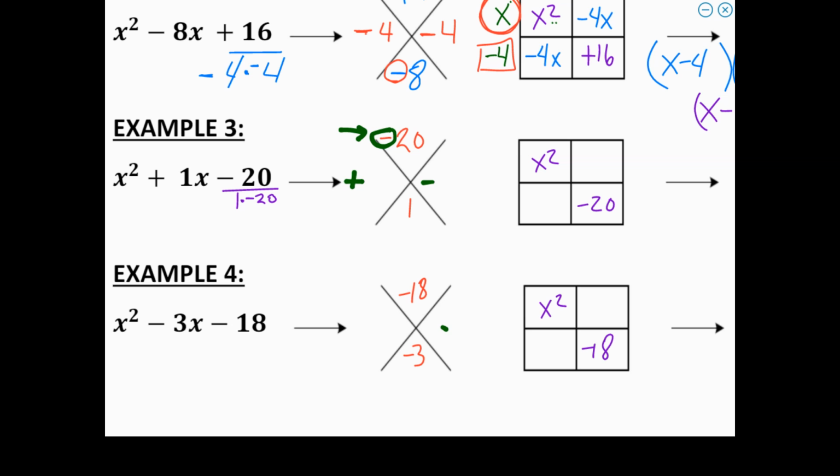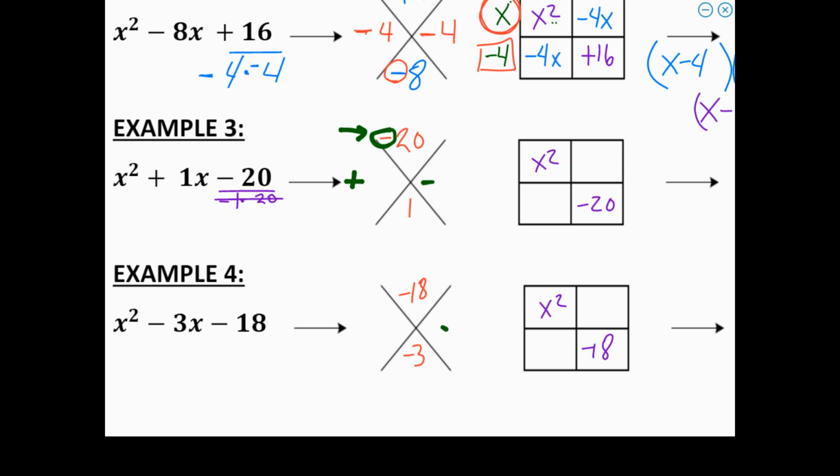Negative 19. Oh, well, if I add them, sorry. If I add them, it's going to be negative 19, right? Okay. If I make my 1 negative instead of my 20, is that going to fix my problem? Does that make it a positive 1? No, it makes it a positive 19.